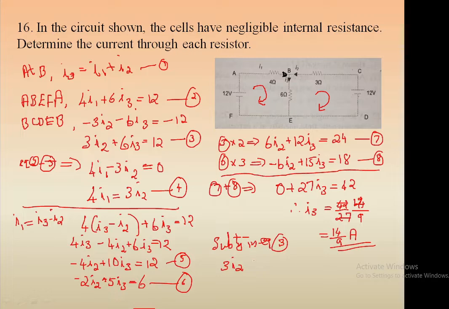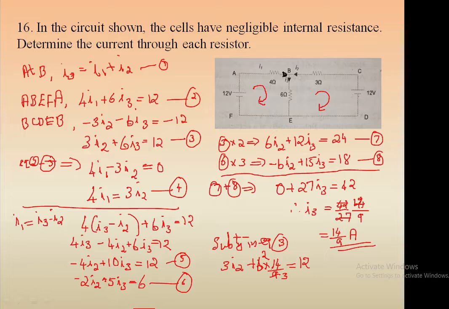3I2 plus 6 into I3, that is I3 is 14 by 9, equals 12. So that is 3I2, and here 6 will cancel out with the 3, here we have 2.